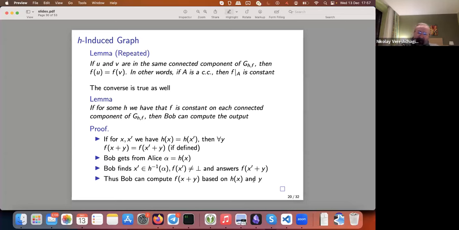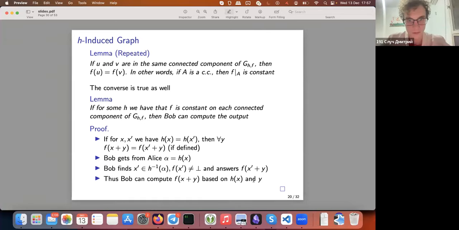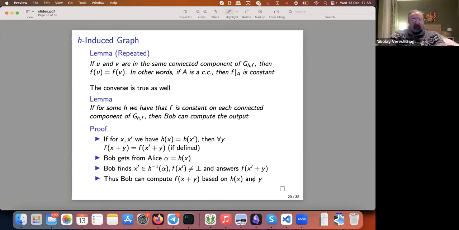Okay, so again, wait a second. Sure. You have just reformulated the communication complexity of XOR functions in terms of some characteristics of function f.